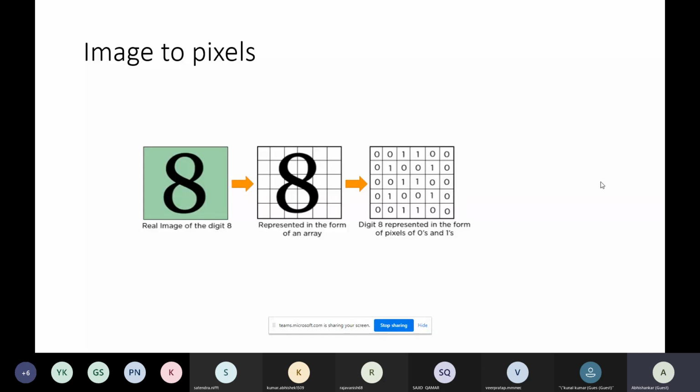But what happens when you have a large number of images, or your pixel size is large? Now you can see that the dimension of this is 5 cross 6, correct? But when you have, let's say, a 256 cross 256 array, what will you do? When you have a small image you can do it, but with a large image you cannot do it the same way.